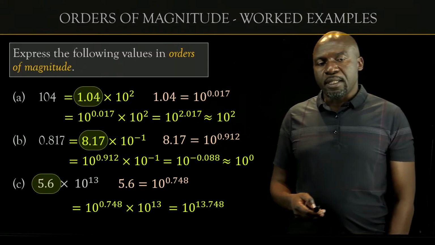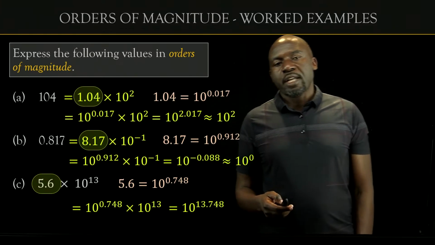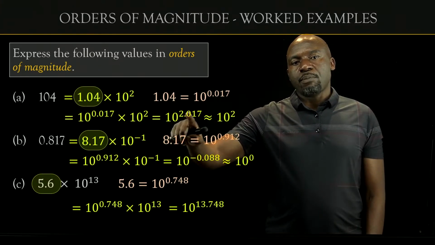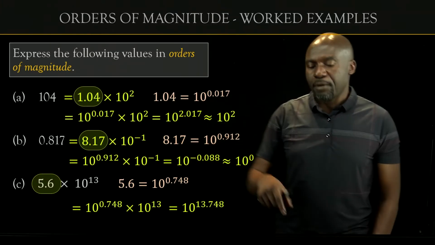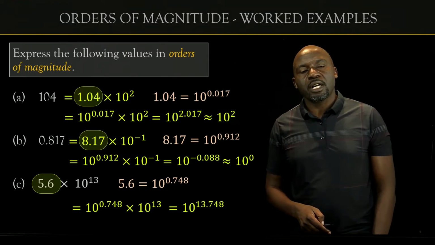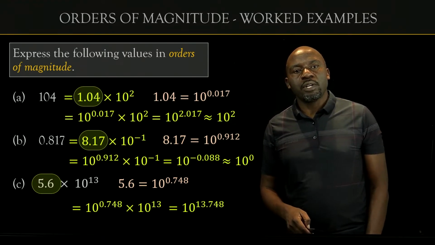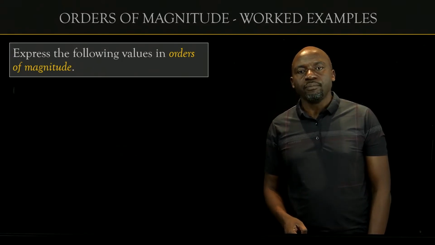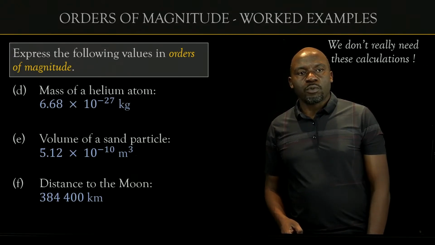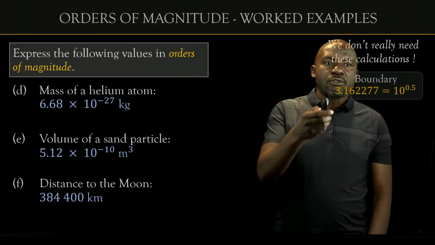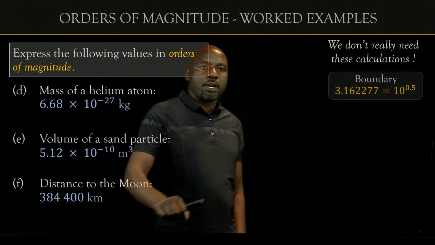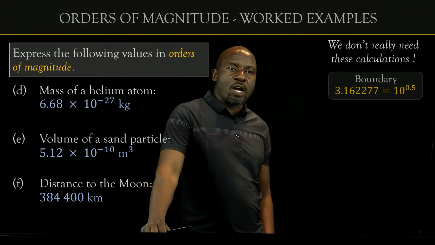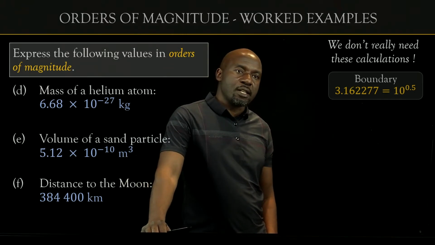Now, what number is it? What number do we get when we take 10 to the power of 0.5? If we know that number, then that becomes our boundary, and we can always use that number to determine the order of magnitude. Here we go. The boundary is at 3.162277 and so on.